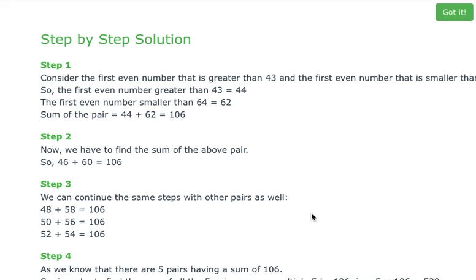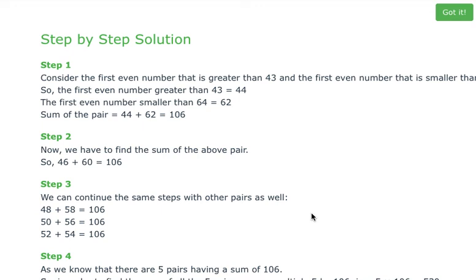The first even number greater than 43 and the first even number smaller than 64 are 44 and 62. So basically you have to start with the boundary, 44 and 62.